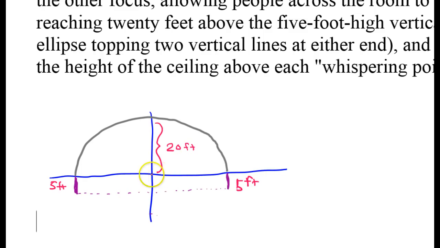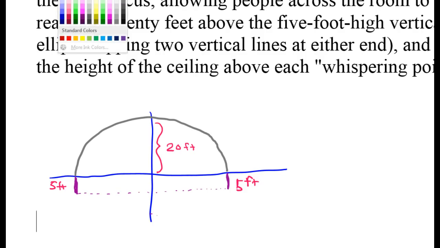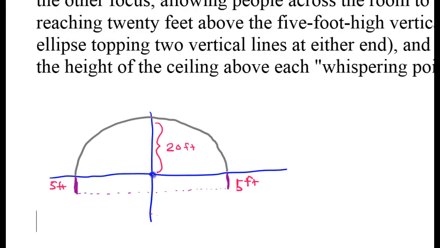So this is important. I have allowed the center of the ellipse to be at 0, 0. That's why I have the 5-foot walls stretching underneath the line, because I'm going out of my way to make sure the center of the ellipse is at 0, 0, just to make the calculations easier.